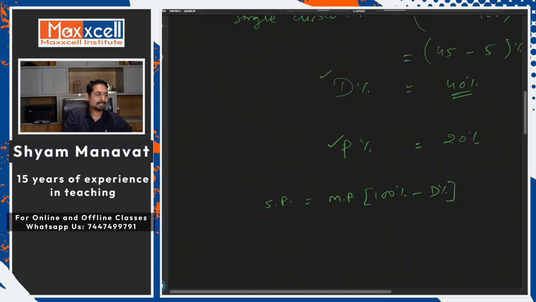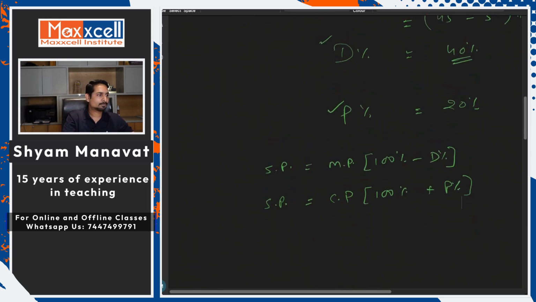I have to remind you guys, that's why I am taking more time. If it is profit percent, profit applies on the cost price, and because profit means increase, discount means decrease, that's why discount is minus, profit is plus.